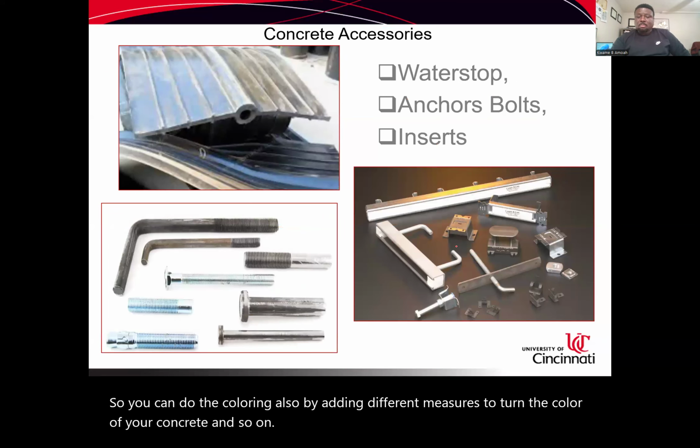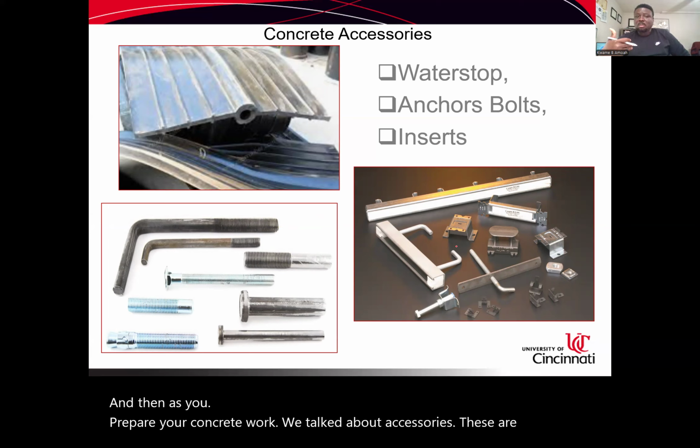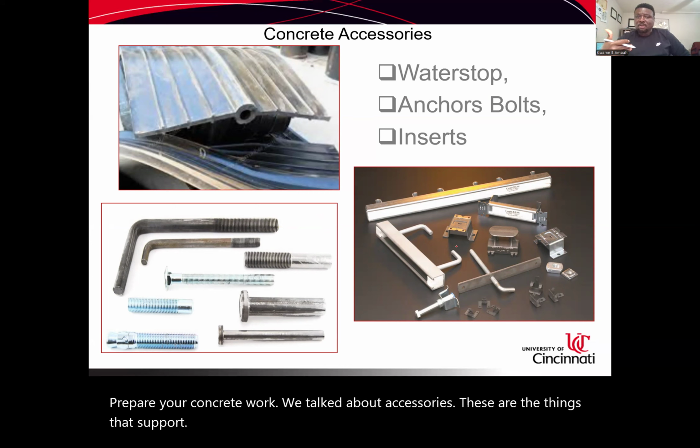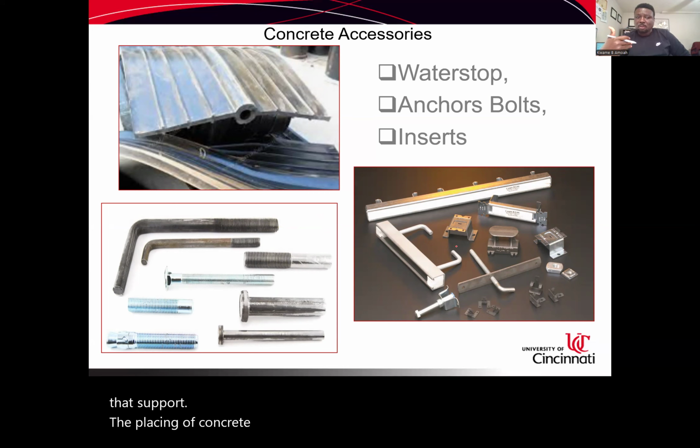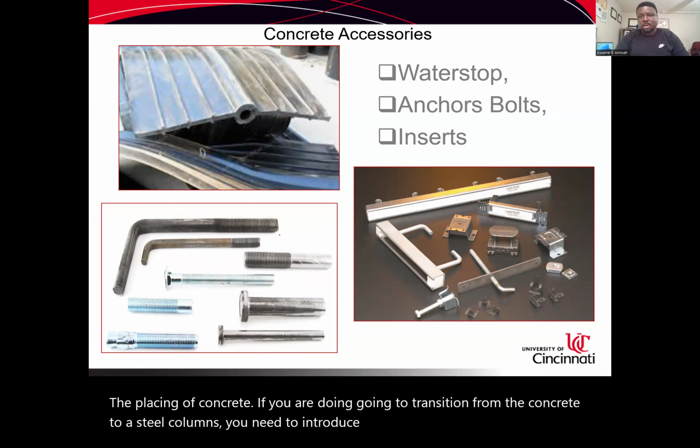And then as you prepare your concrete work, we talked about accessories. These are the things that support the placing of concrete. If you're going to transition from the concrete to steel columns, you need to introduce your anchors, right?